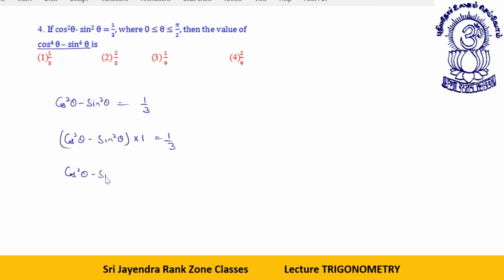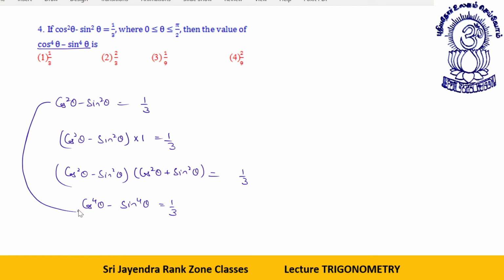This I can further write as cos square theta plus sine square theta, and this I can further write as cos 4 theta minus sine 4 theta is equal to 1 by 3. Actually, I have told you this and this thing are the same. Okay, clear to all of you? You can have a look at it before I take the next one.